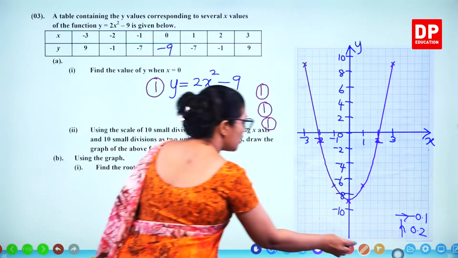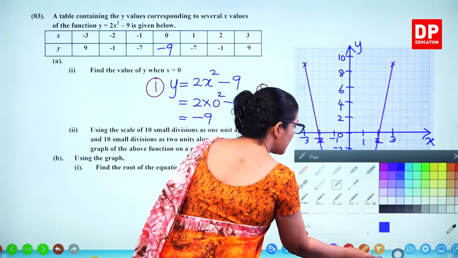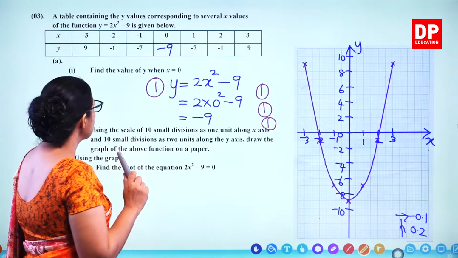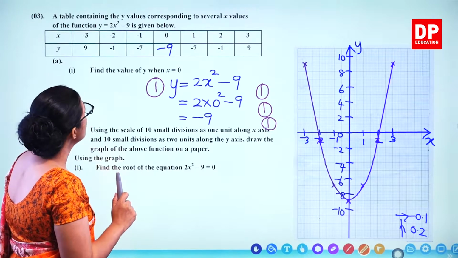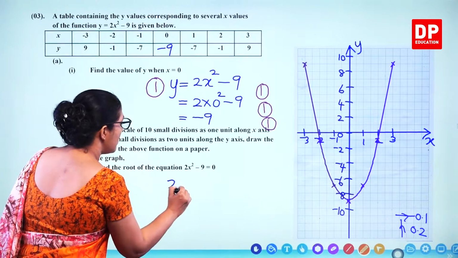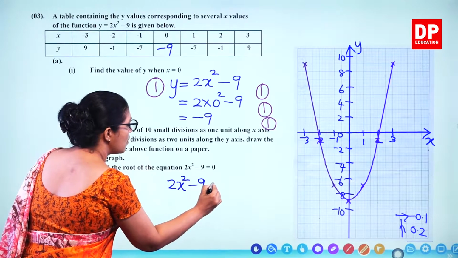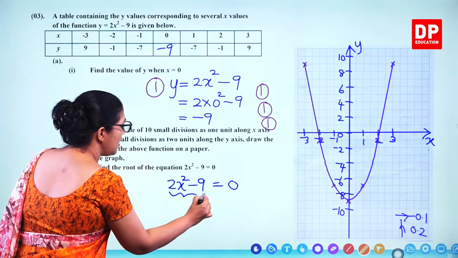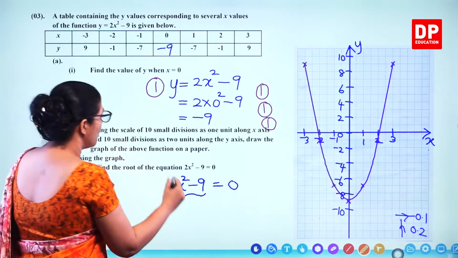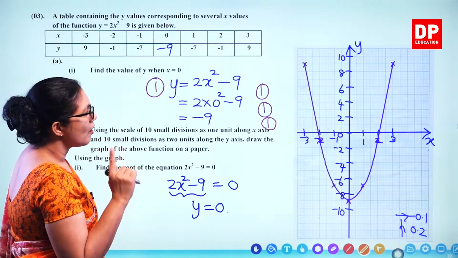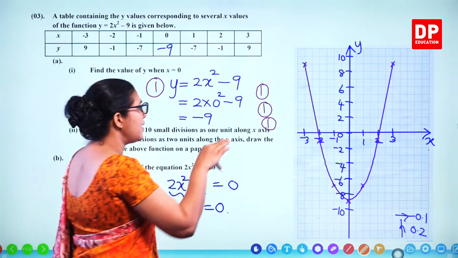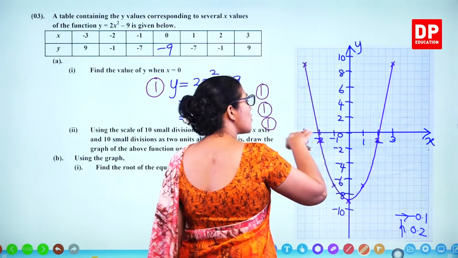So let's use the graph to answer these questions. Using this graph, find the root of the equation 2x squared minus 9 equals 0. But this is the graph we drew, so this is y. So that means y equals 0, which is on the x-axis.